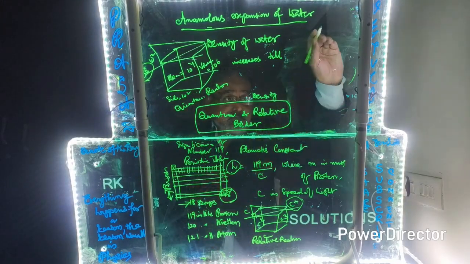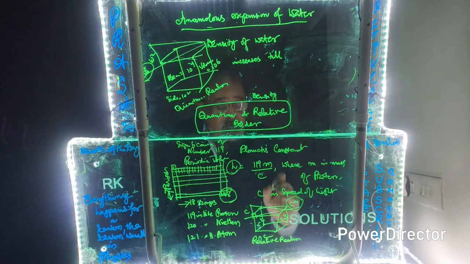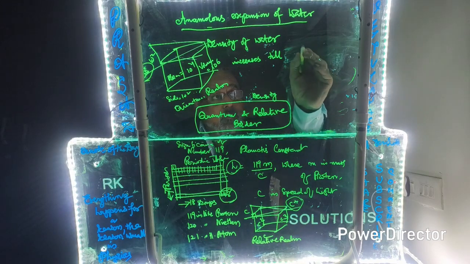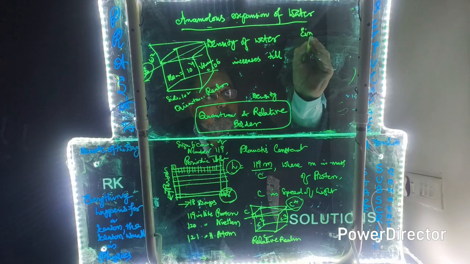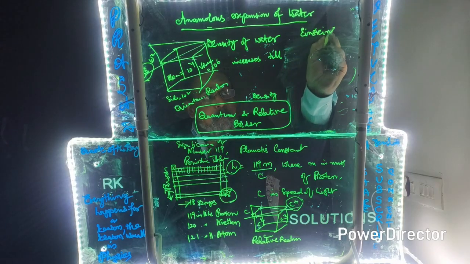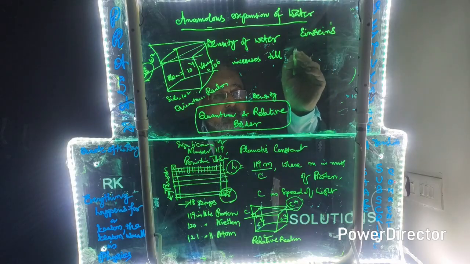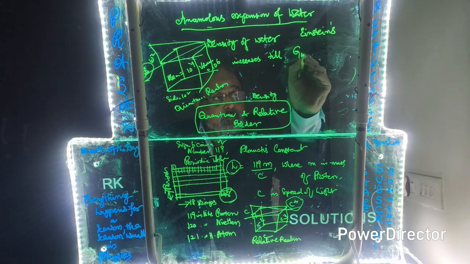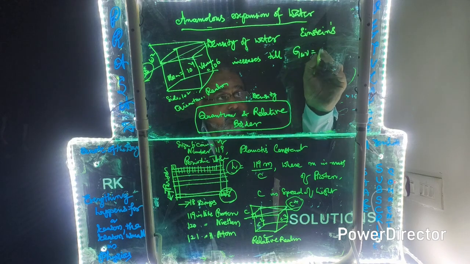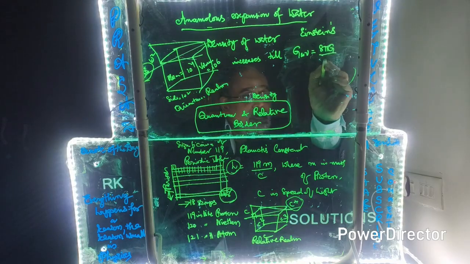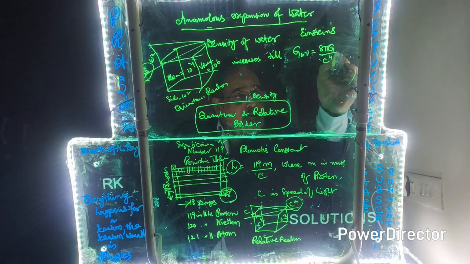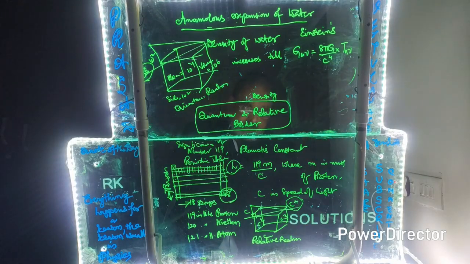Einstein's equation, in tensor form, G mu nu is equal to 8 pi G by c raised to 4 into T mu nu, right?